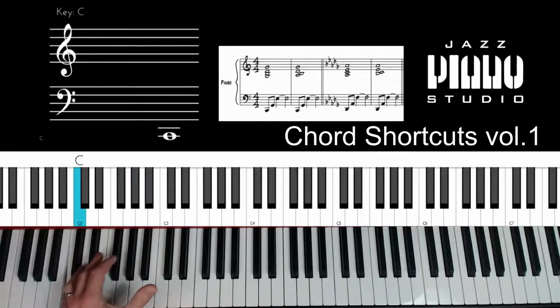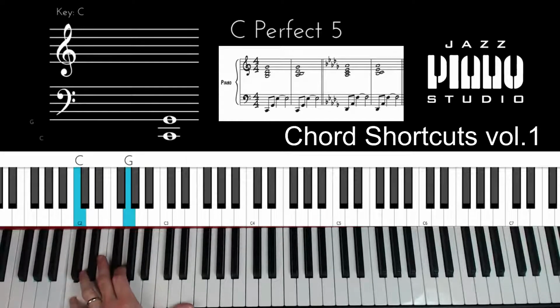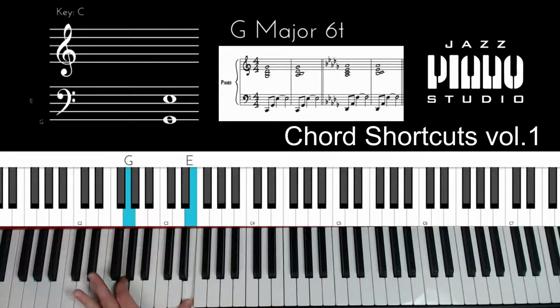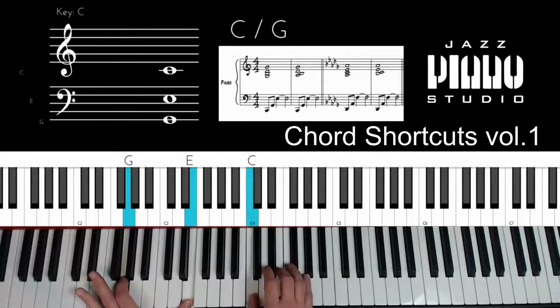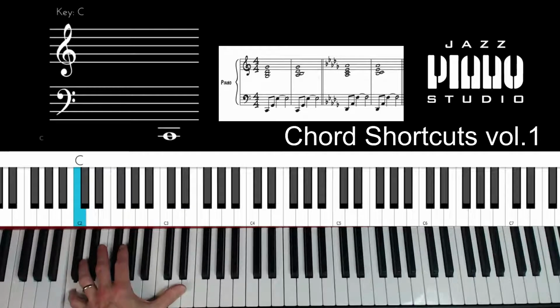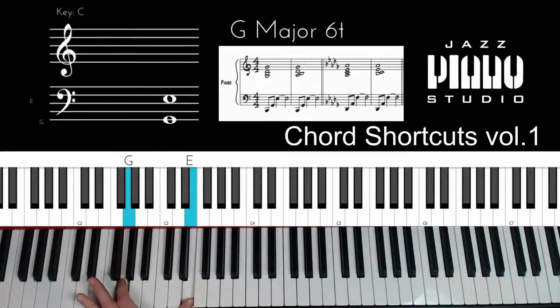All I'm doing is root, fifth, and third, and without going into too much theory, I'm just doing a C triad: C, G, and C. So just the notes of a C chord, C, E, G, but I'm putting it C, G, and E. My fingering here is 5, 2, 1, and this will be the same fingering on all keys.